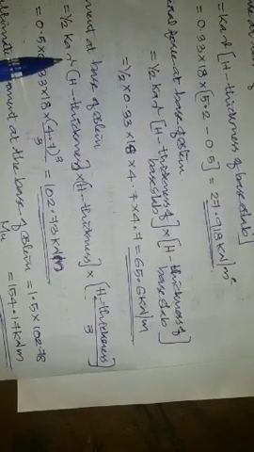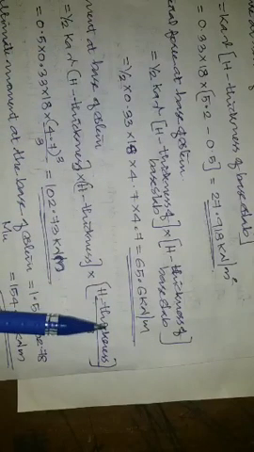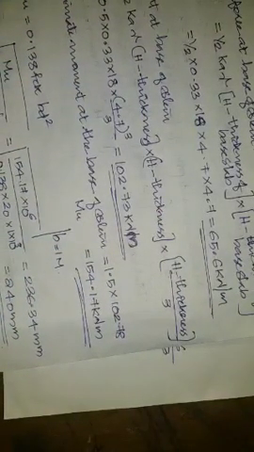Moment at base of the stem is equal to half Ka gamma into H minus thickness into H minus thickness into H minus thickness divided by 3. As it's a triangle portion, it is from H by 3 distance, and then by substituting all the values we get the moment is 102.73 kilonewton meter.